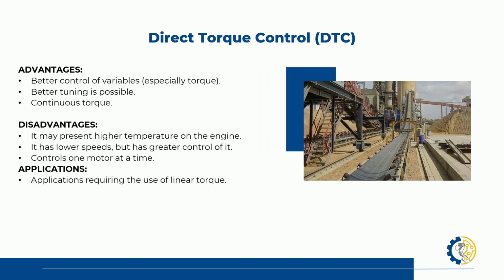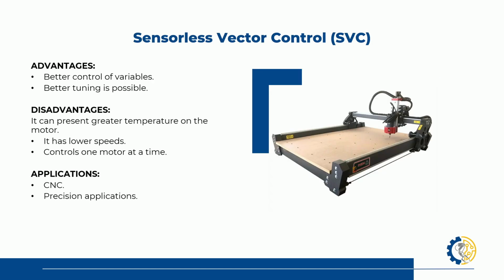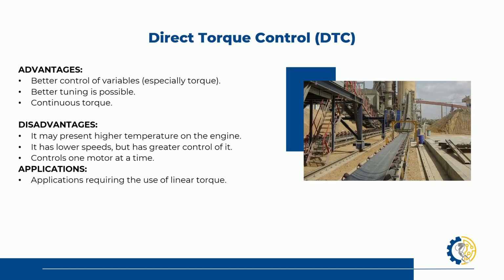Now, why do you think you get better velocity or speed control in this type of controls? Because here we're not using anything precision. We remove this. And since we don't need this, we compensate with a little bit more speed. Okay? So we can control one motor at a time. Applications?